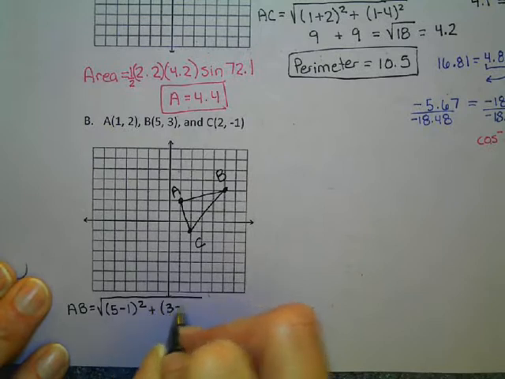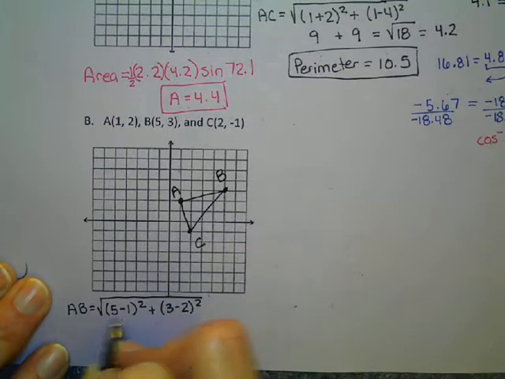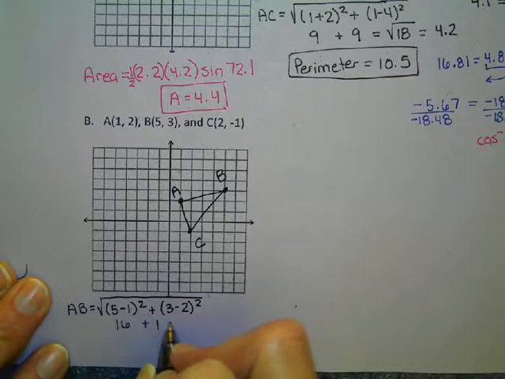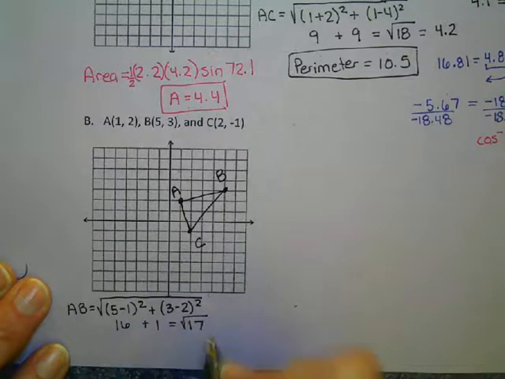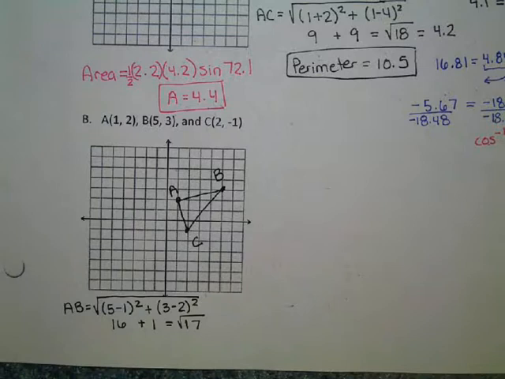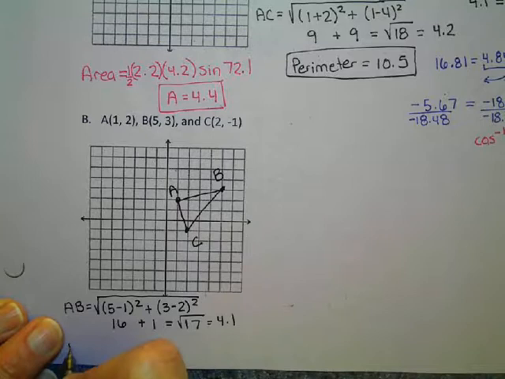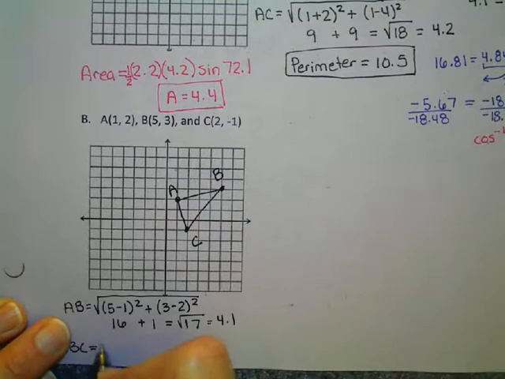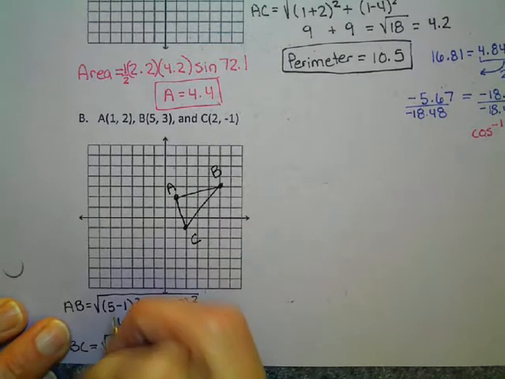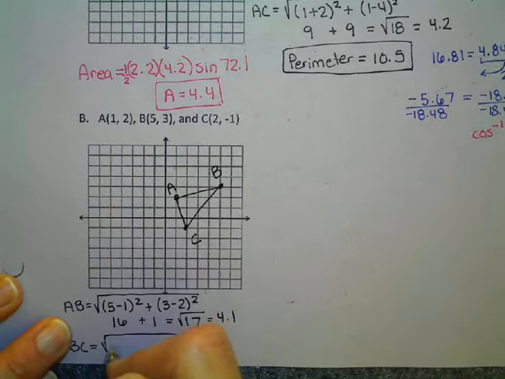Maybe I'll start those over here. So that is 4 squared is 16. 1 squared is 1, so AB is the square root of 17, which is 4.1.